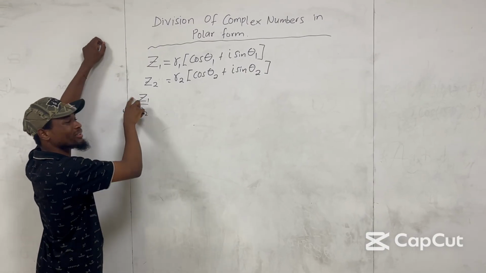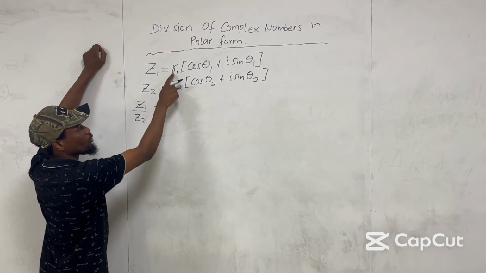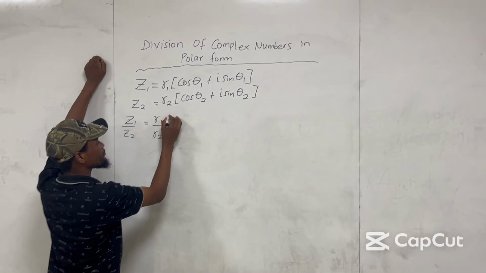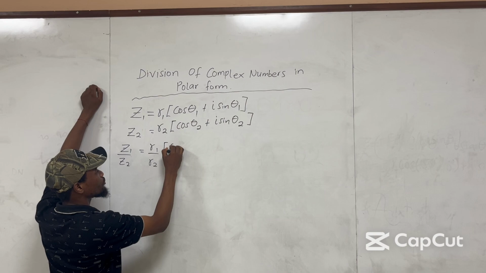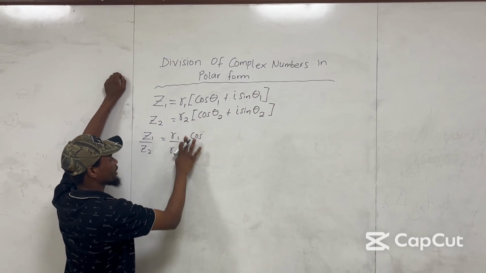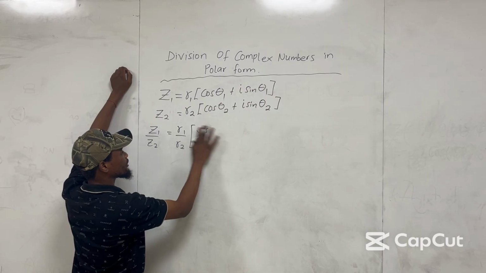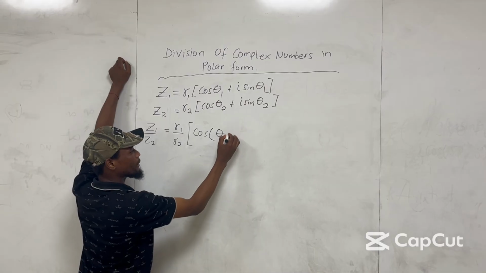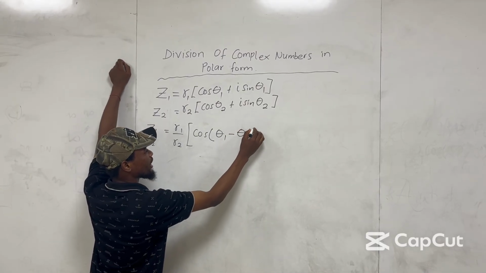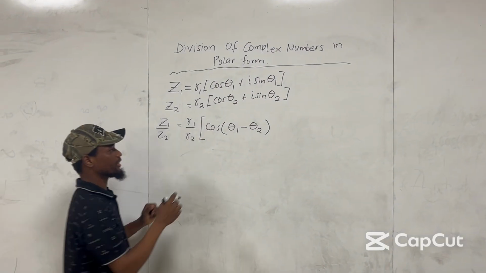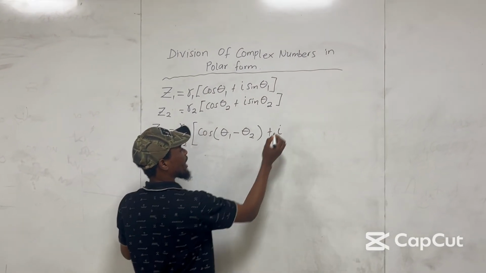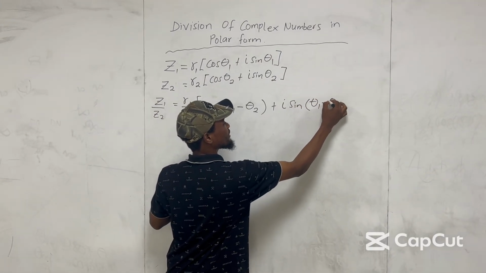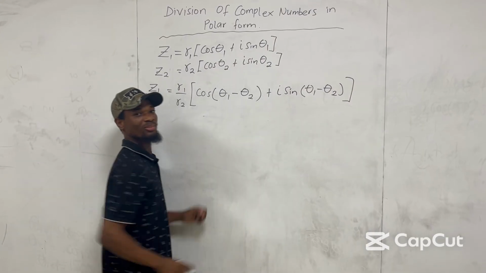Remember, quotient has to do with division, which is equal to r1 over r2 multiplying cos (theta 1 minus theta 2) plus i sin (theta 1 minus theta 2).